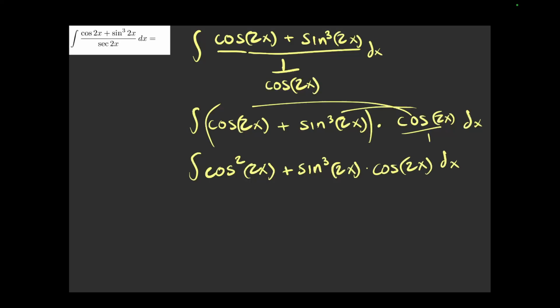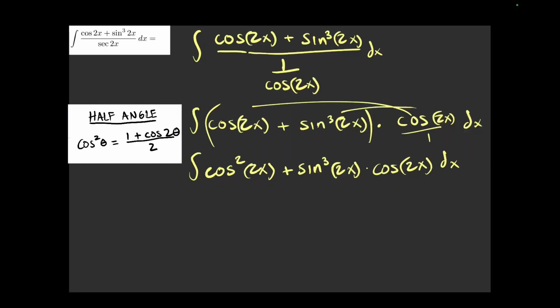So now, if you take a look at this, this cosine squared 2x is a half angle formula. I'll be posting a picture somewhere on the screen so you can see it just in case you don't have it. But the half angle formula is basically 1 plus cosine 2 theta over 2.